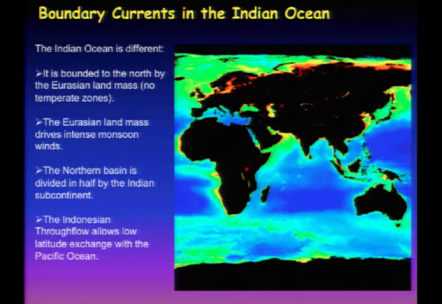Also mentioned by Waji, we have the Indonesian throughflow, as part of the global thermohaline circulation, the surface return circulation of the global thermohaline circulation. And from my point of view, these features make the Indian Ocean unique.